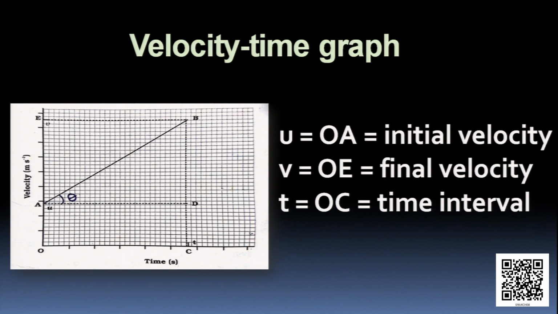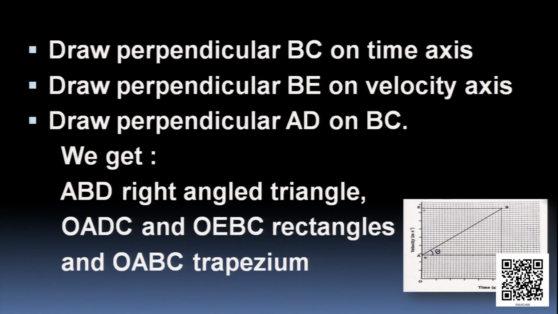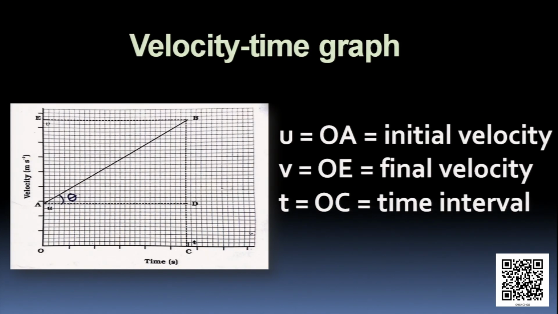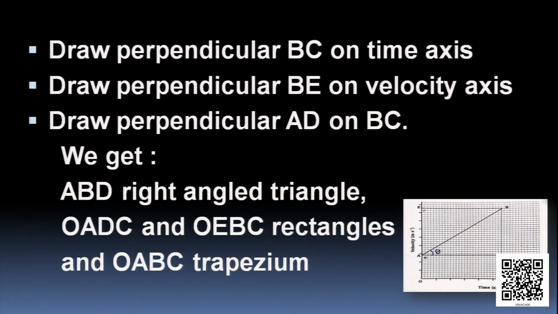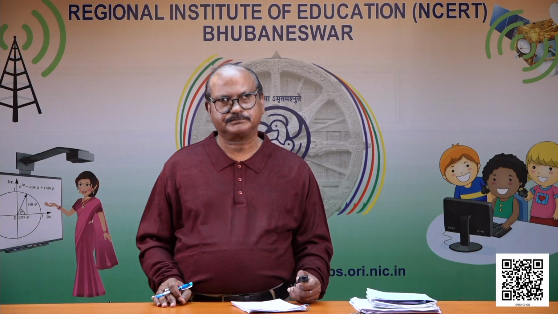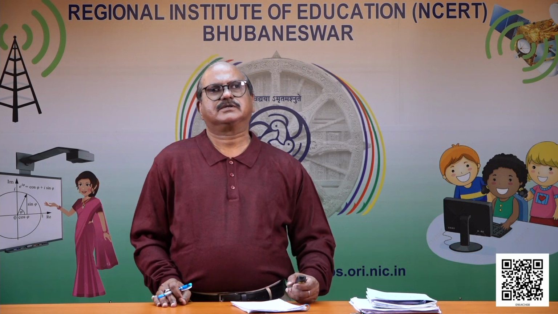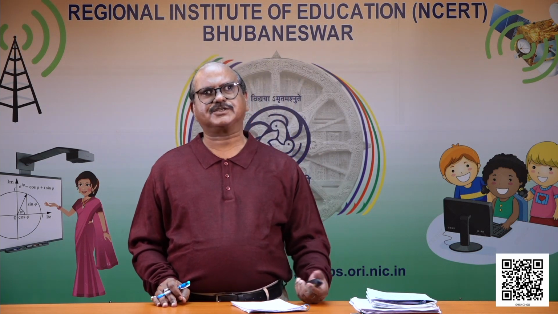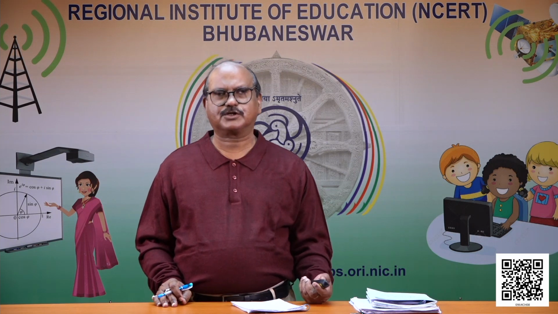OADC is the first rectangle, then the OEBC rectangle, then the trapezium OABC. So here we are getting these figures: the ABD right angle triangle, the OADC and OEBC rectangles, and the OABC trapezium. After getting these, we can derive the equations of motion.